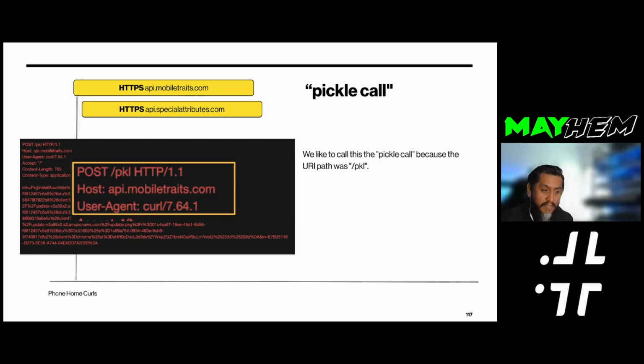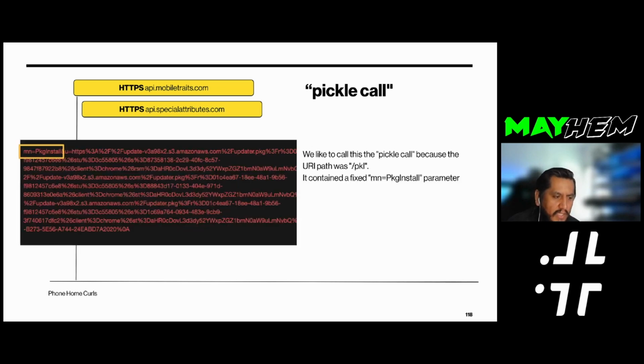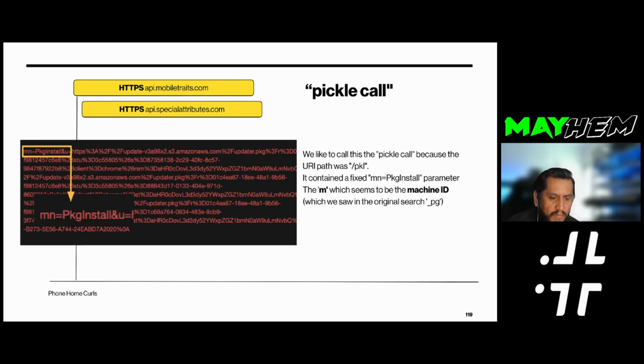This screenshot itself could be something you can actually hunt. You can look for these things and it will help you uncover other things. There is this value, MN PK install, which is basically a package install parameter. We believe that the M belongs to the machine ID. The machine ID is something I didn't cover, and it will be on the Red Canary blog.